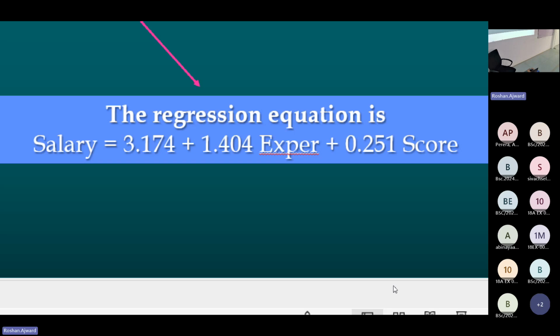Then the next one: if the computer programmer's aptitude test marks go up by 1 mark, the salary goes up by $251.